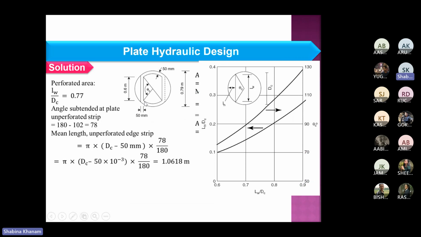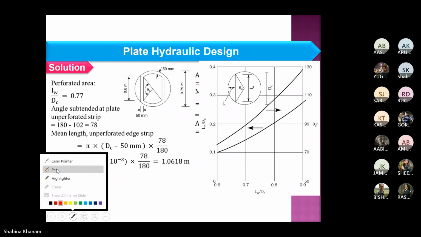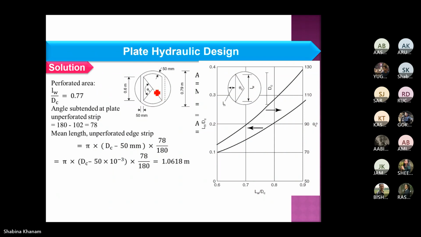You can see over here theta C is 102. What is this 78? 78 is basically this.